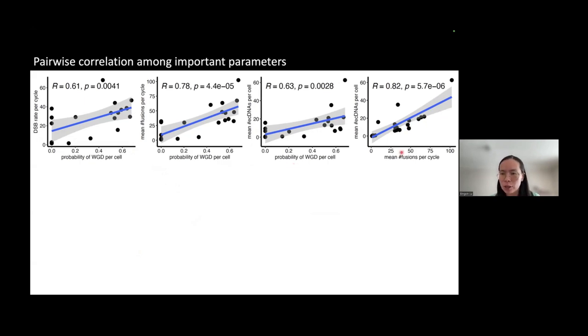And there's also correlation between the mean number of chromosome fusions and the mean number of ecDNAs per cell. This is because after chromosome fusion, there's usually bridge breakage, and during bridge breakage, some small chromosome fragments without centromere are formed, and then they will form the circular ecDNA.